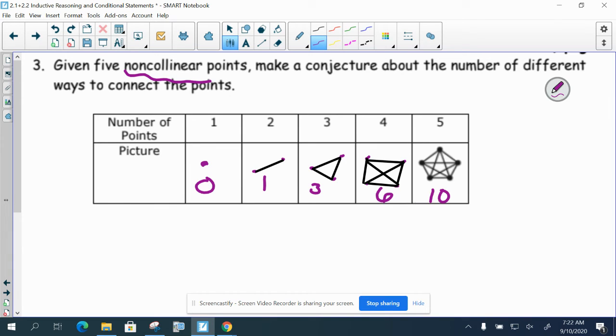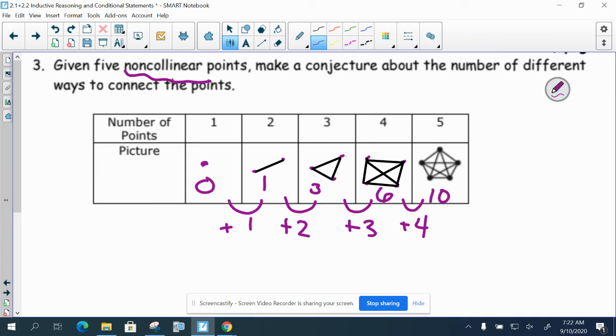So what would be the pattern? Well, notice from 0 to 1, you're adding 1. From 1 to 3, you're adding 2. From 3 to 6, you're adding 3. And from 6 to 10, you're adding 4.